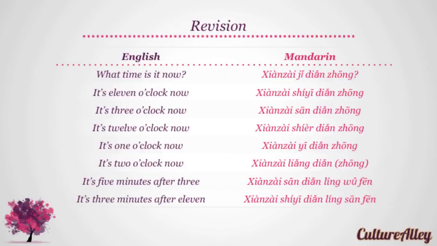Let's review the phrases we learned today. What time is it now translates to 现在几点钟? It's 11 o'clock now becomes 现在11点钟. It's 3 o'clock now will be 现在3点钟. It's 12 o'clock now becomes 现在12点钟.